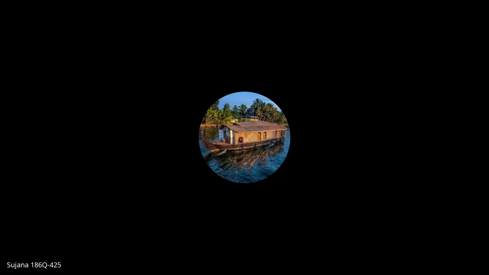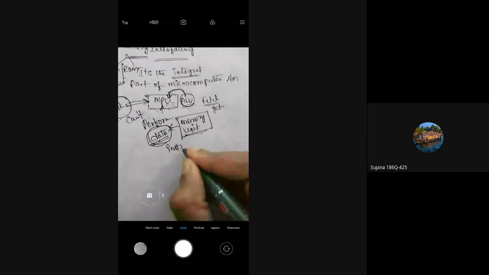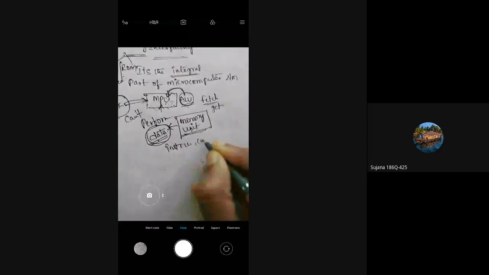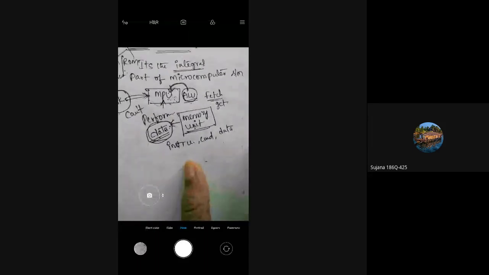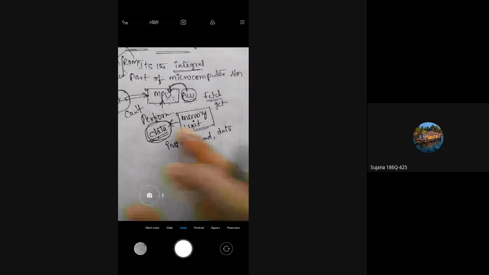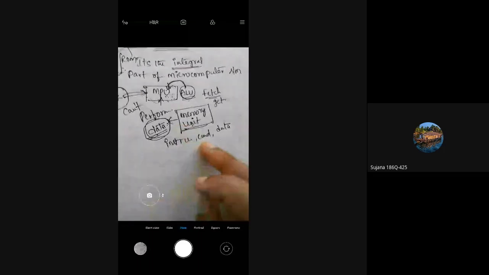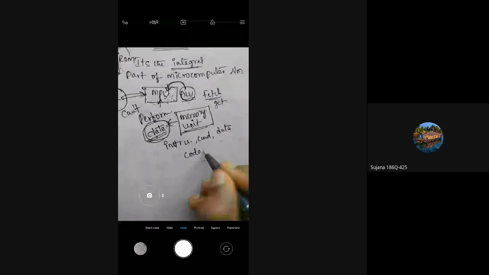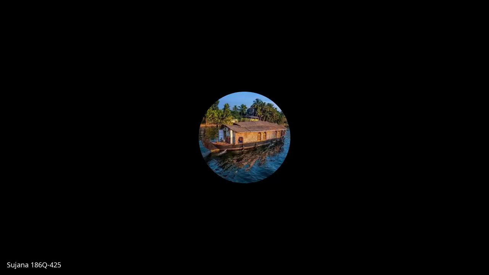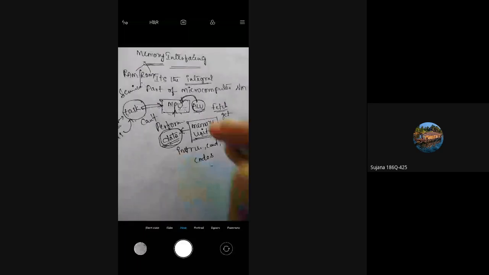The instructions may be pure instructions, some commands, some data, or some codes. Whatever they might be, they will be accessed by the microprocessor. The microprocessor has to get the instructions, data, commands or codes from the memory unit only.